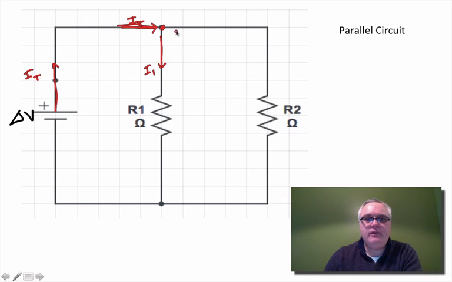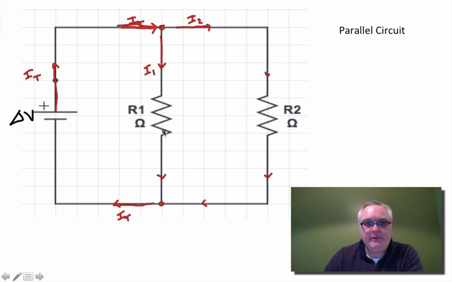Not all of the current goes down each path. So I have I1 coming through this resistor and I2 coming through this resistor. Eventually, the two currents do meet up again at this end of the junction, and we have the total current coming back to the battery.